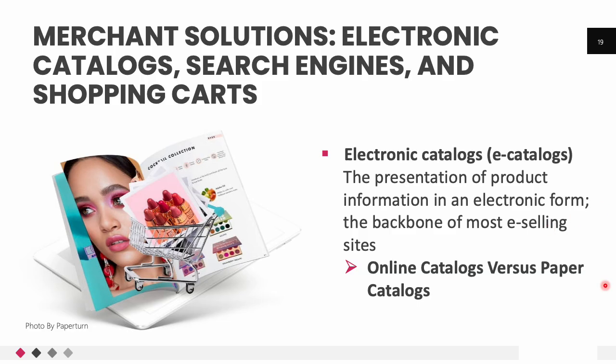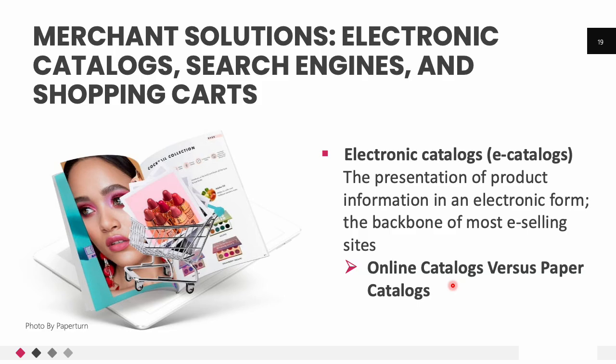And why do you think online catalogs versus paper catalogs? You know that paper catalogs need updates. If there's an update, you need to print it again and again, right? But with an e-catalog, the change is instant. You can do it in a minute. No need to wait for days, right?